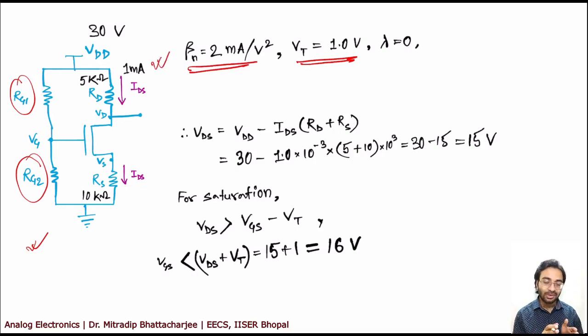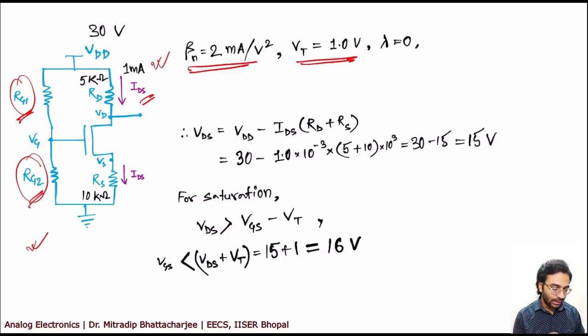So you can say this is a design, because when you design something, you first need to fix what IDS value you want, and based on that you bias your circuit. And for that biasing, you calculate what RG1 and RG2 values you need. So this is kind of a design.